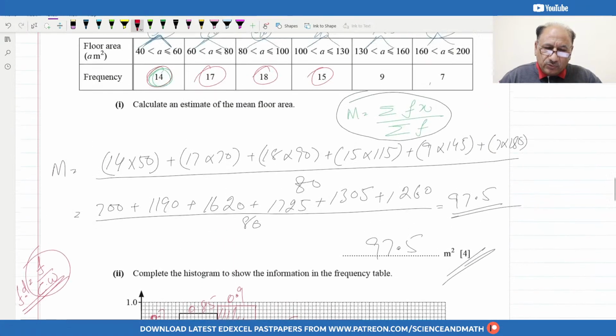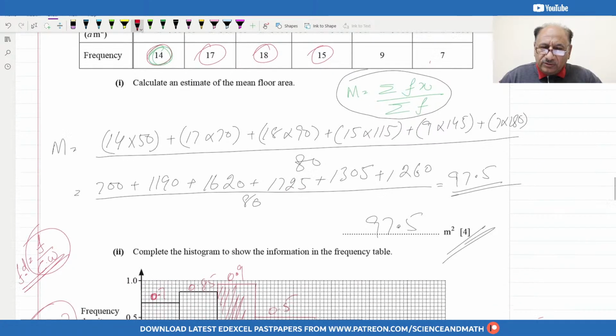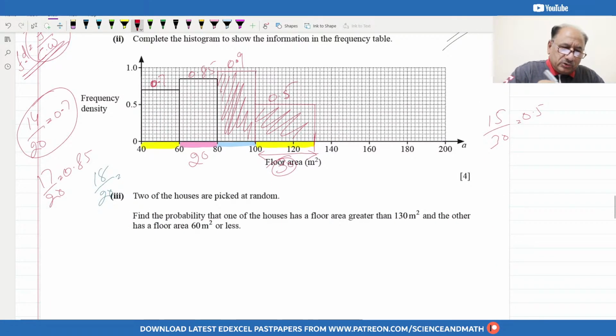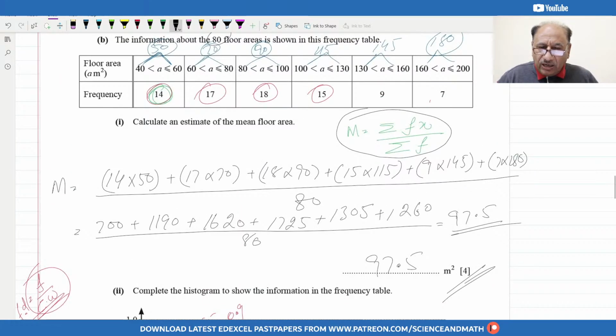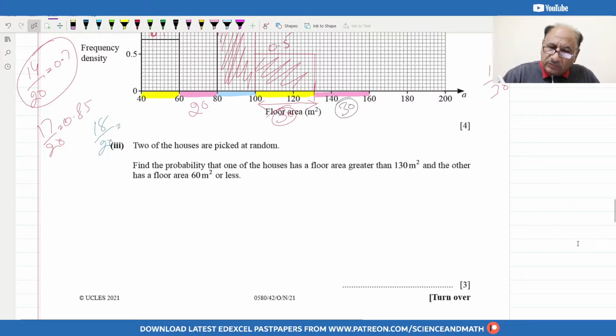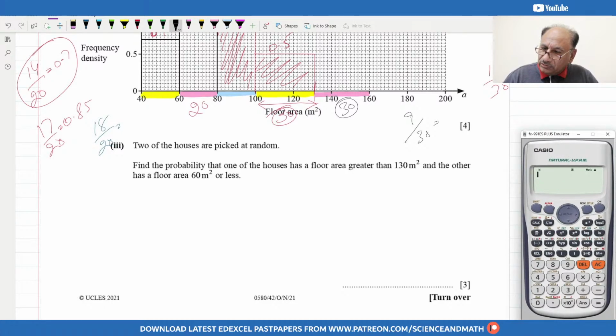Now the next one is 130 to 160, so this width is 30. So we divide 9 by 30. 9 divided by 30 is equal to 0.3.